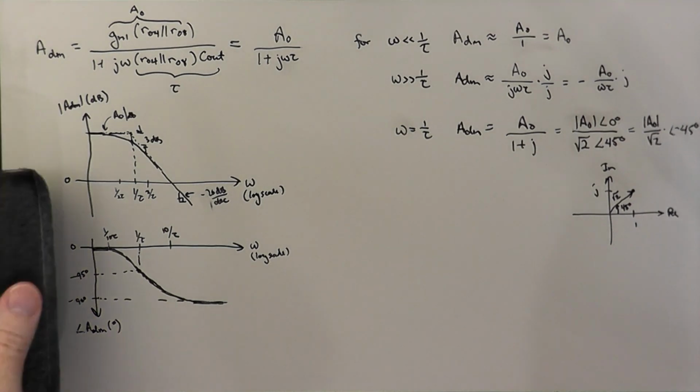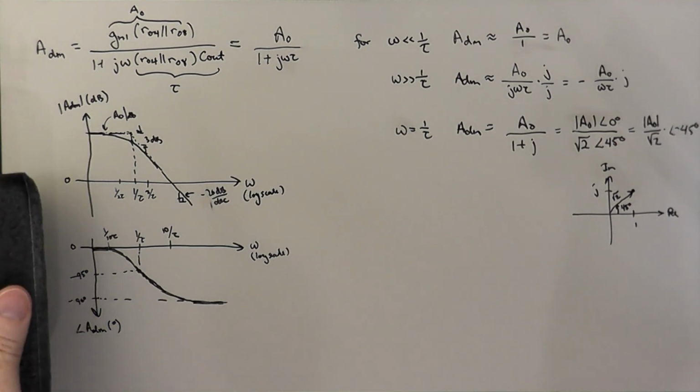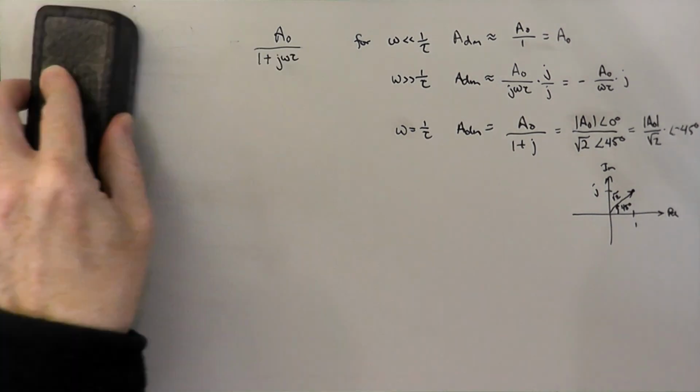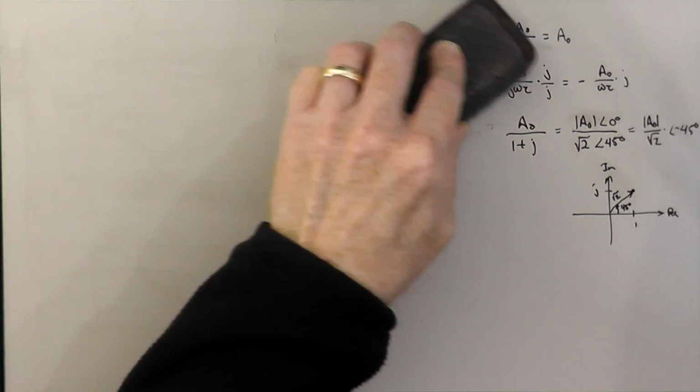And what I wanted to do next, with a capacitor on the output, is to consider a similar calculation, only with unity gain feedback around our amplifier. So we're going to connect it up like you're connecting it up in experiment 3.